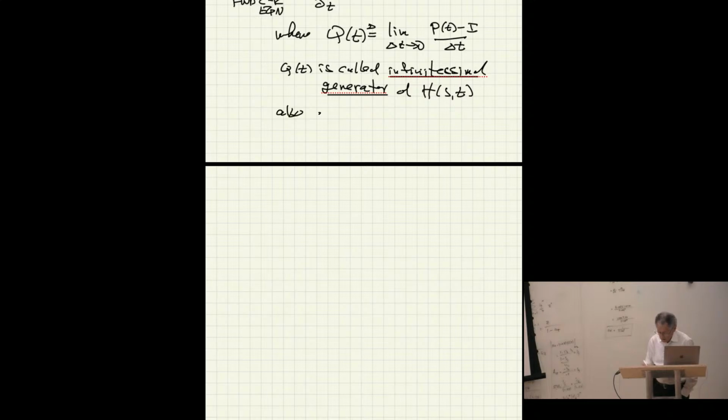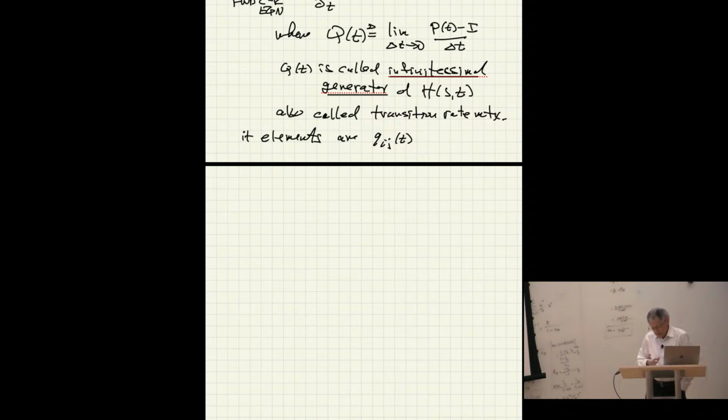Also called the transition rate matrix, and its elements are q sub ij of t, which in physical terms means it's the rate of going from state i to state j at time t.